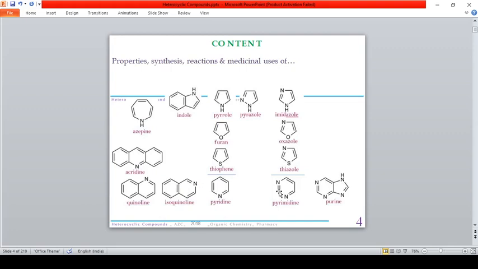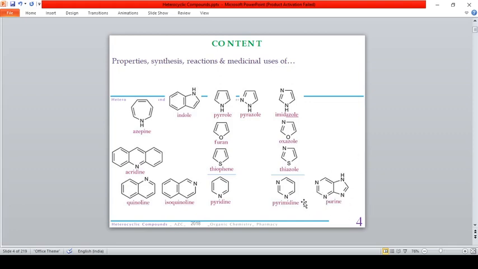Here you can see indole. There are two rings fused together here. So this is an example of a fused ring system. Other examples you can see are quinoline, isoquinoline, and purine. Purine you must have studied in your DNA study, the bases of DNA.